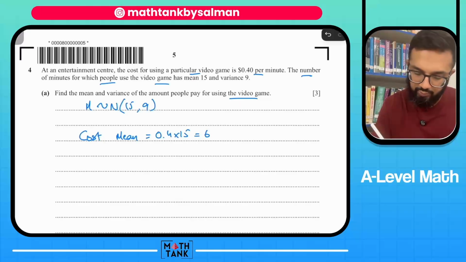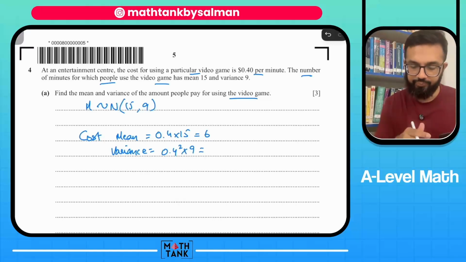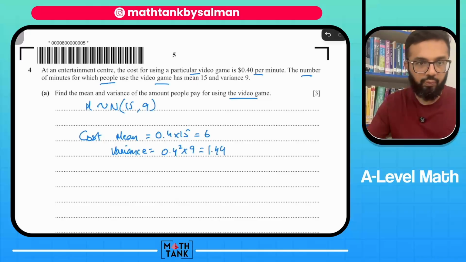That's $6. And variance is going to be 0.4 squared into 9, which gives 1.44. Okay, both correct answers.